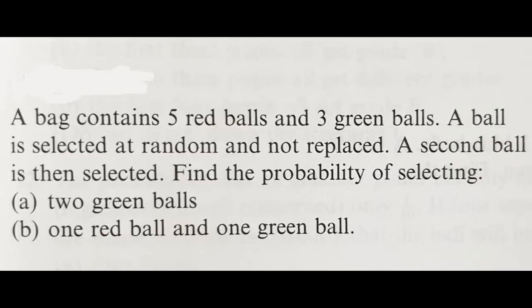A bag contains 5 red balls and 3 green balls. A ball is selected at random and not replaced. A second ball is then selected. Find the probability of selecting A, 2 green balls, B, 1 red ball and 1 green ball.